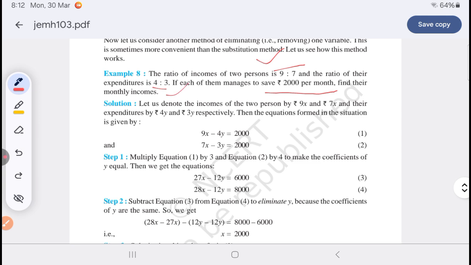So let us denote the incomes of the two persons by 9x and 7x, and their expenditures by 4y and 3y. So 9x minus 4y equals 2,000, and the second equation is 7x minus 3y equal to 2,000.